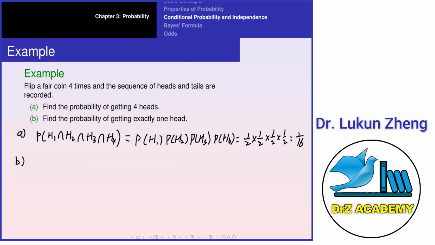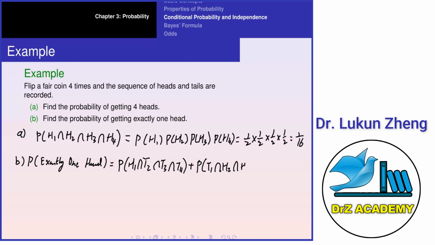The probability of exactly 1 head equals: the probability that only the first one is a head, H1 intersect T2, intersect T3, intersect T4, plus the probability that only the second one is a head, T1 intersect H2, T3, T4, and similarly T1 intersect T2 intersect H3 intersect T4, and finally the probability of T1 intersect T2 intersect T3 intersect H4.